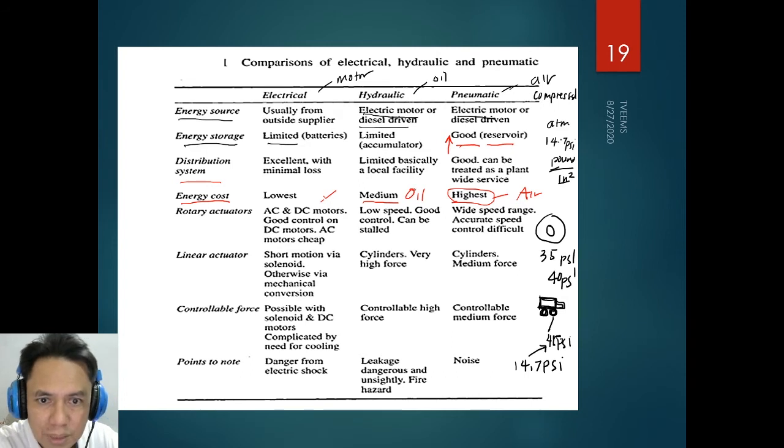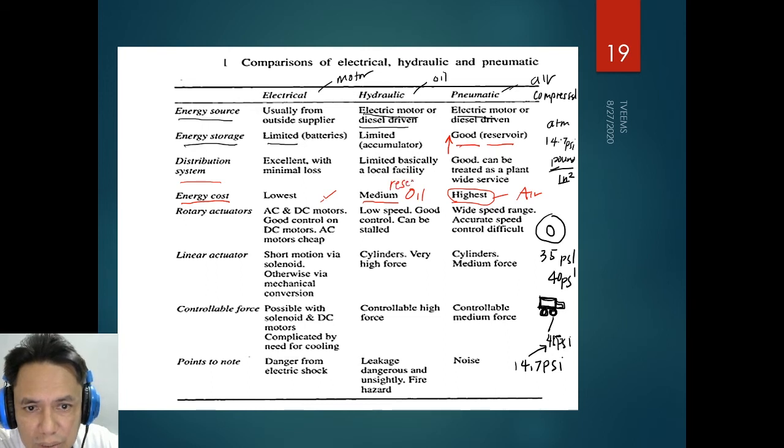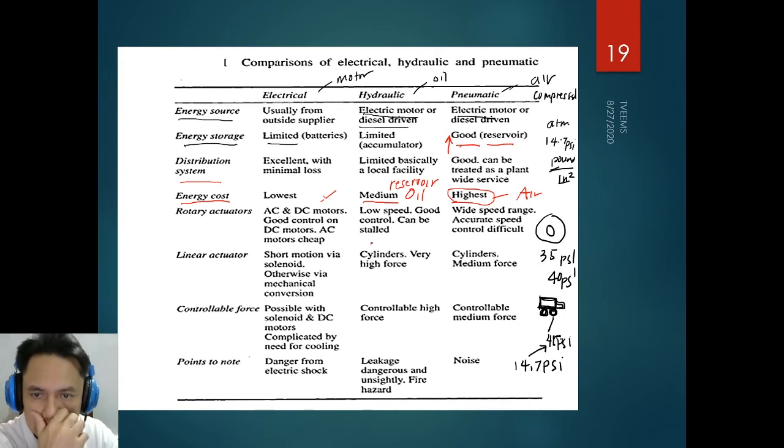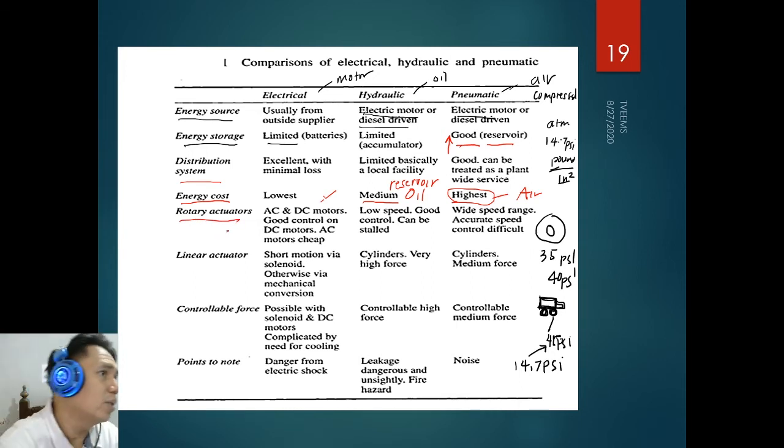It will not have the necessary energy to continue, because the used oil returns to the tank. And electrical has the lowest cost, because it just continues to supply from the grid, from the utility station, and so on.